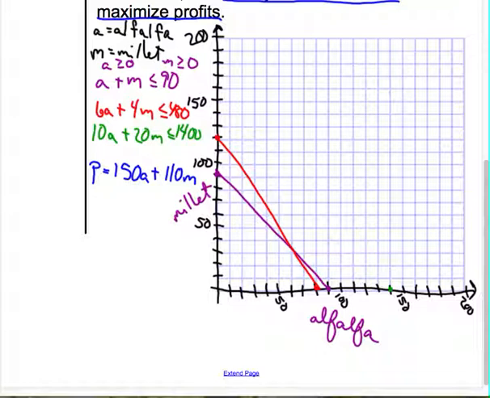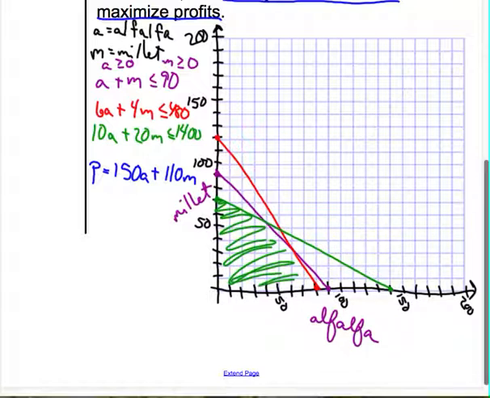And my millet intercept would be 70. All right, so we need to take a look at where the feasible region is. Now, all of these were less than or equal to, which points towards the origin. So right here is going to be my shaded region.